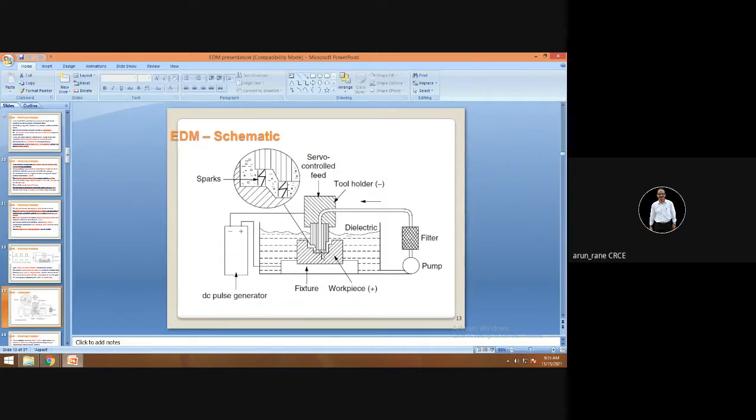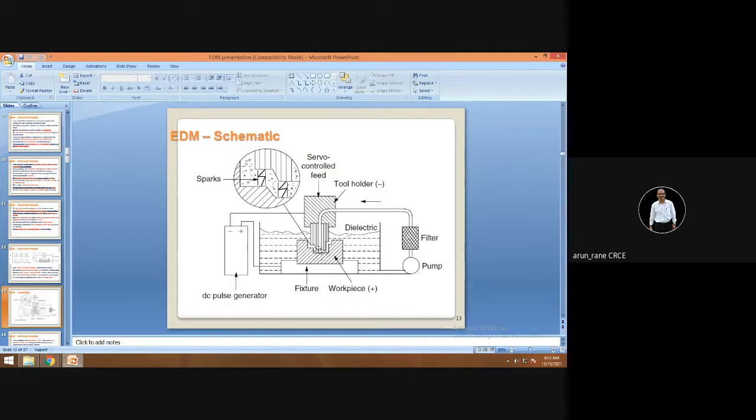Now, what happens when these chips or swarf are removed? It cuts the material, and that's why you get a bigger size on the mouth. This is called the secondary cutting. And this also gives rise to taper cutting.